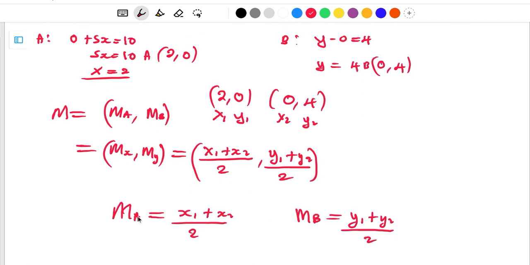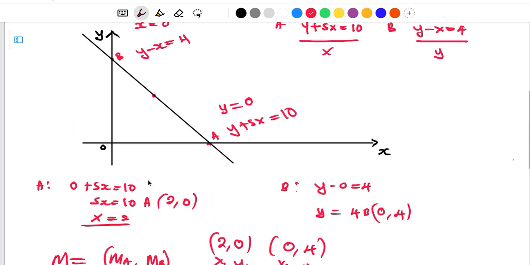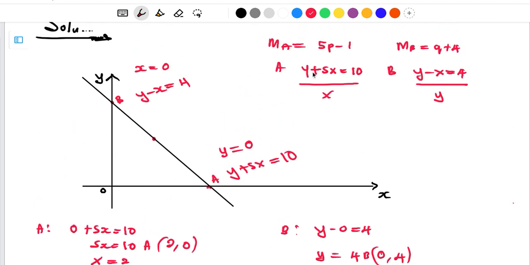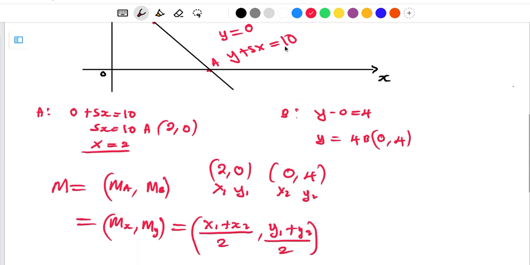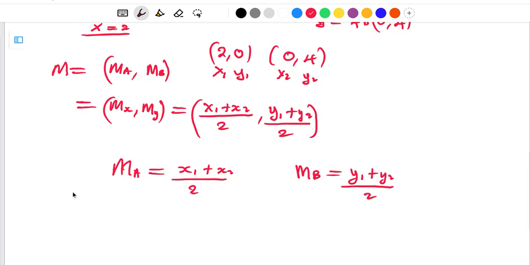So what is the midpoint for A? If you remember what I said, the midpoint for A is 5p - 1, so I can put that here. So 5p - 1 is equal to, my x1 here is 2, my x2 is 0, then divided by 2.